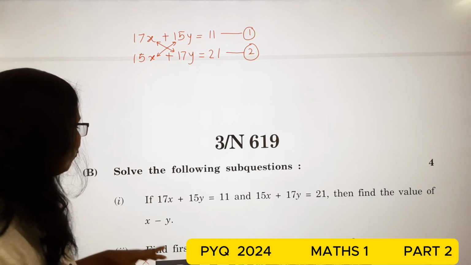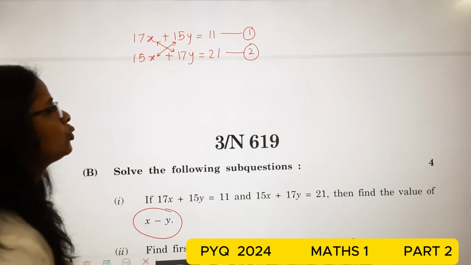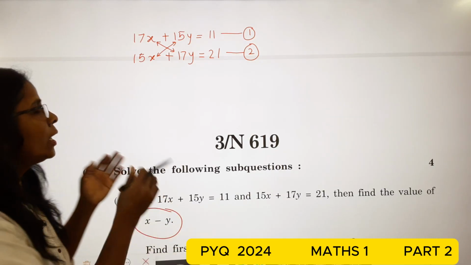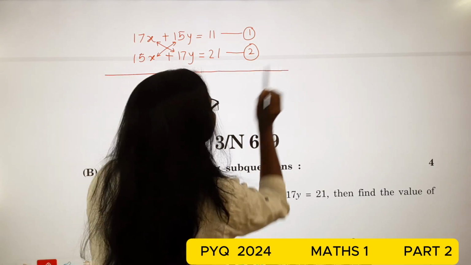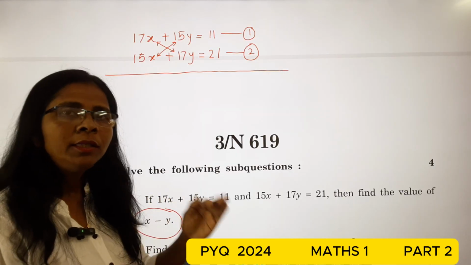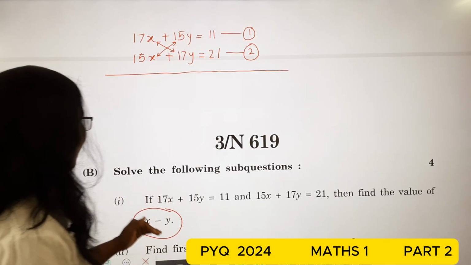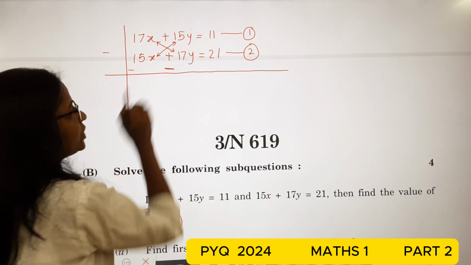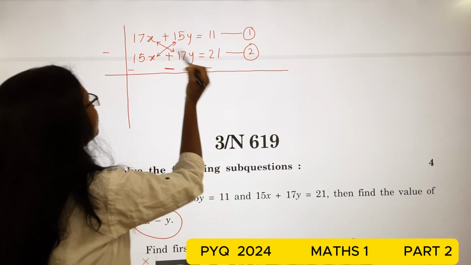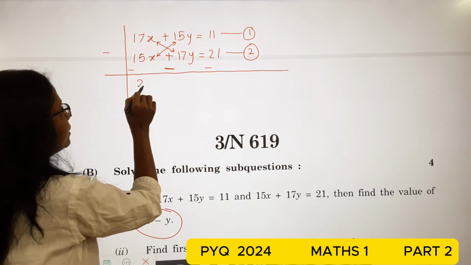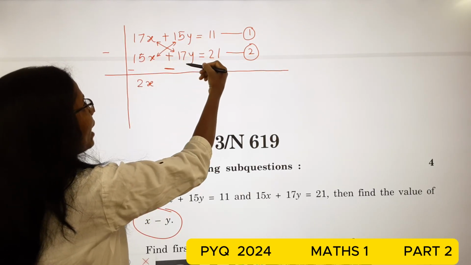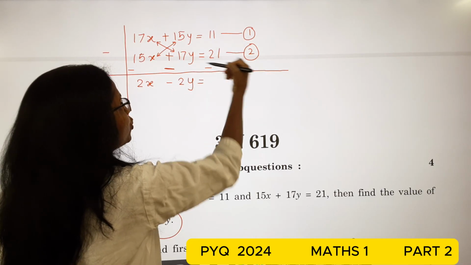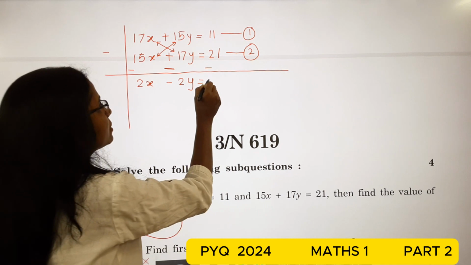Okay, so now here we have to calculate x minus y, student. So as per the given information, if you subtract these two equations, then we can get x minus y. So here subtraction, change the sign. Okay, so 17x minus 15x, that means 2x. 15y minus 17y, that is minus 2y, is equal to 11 minus 21, and that means minus 10.